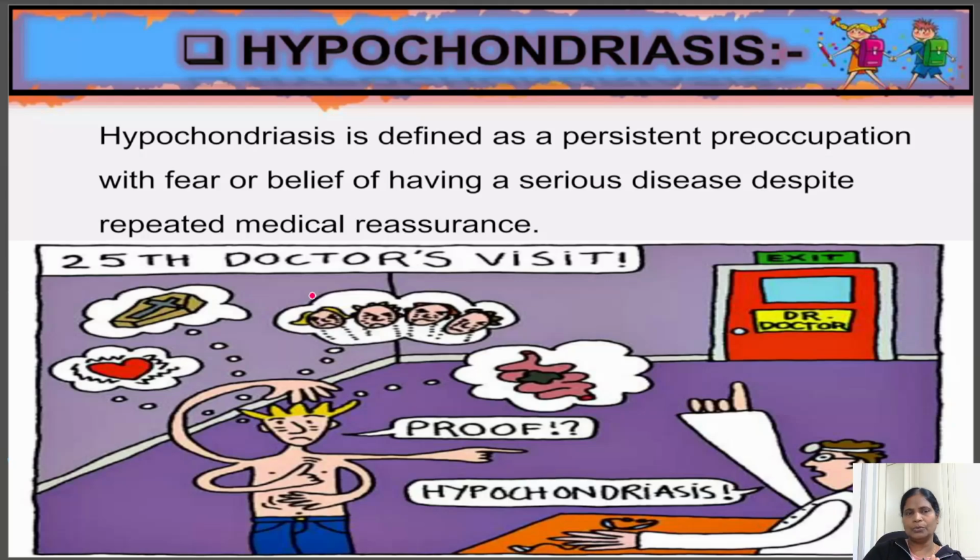Maybe for headache they go through MRI, CT scans which say that everything is fine, but still they are preoccupied with the belief that they are suffering with some brain tumors, etc. That is how it is with hypochondriasis, exaggerated self-concern with preoccupied fears.